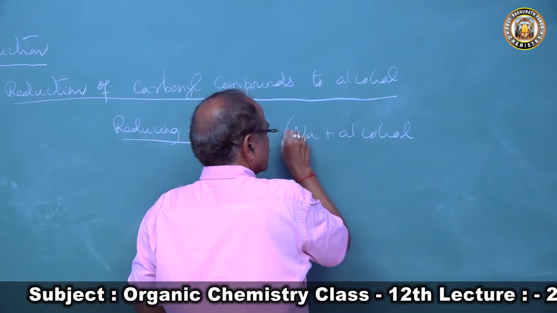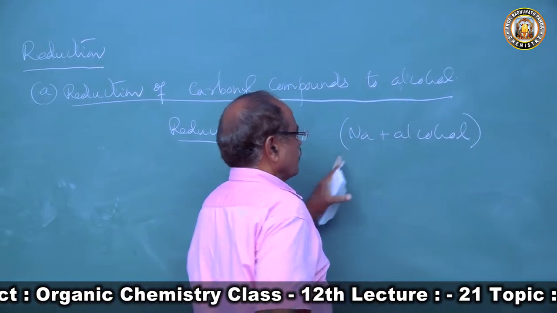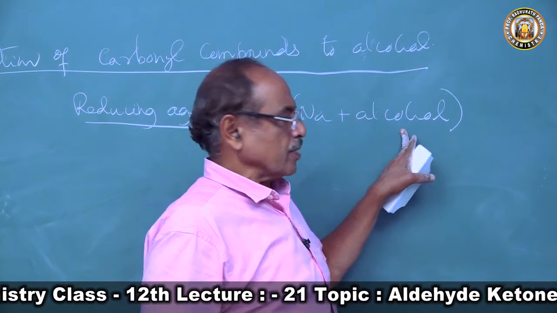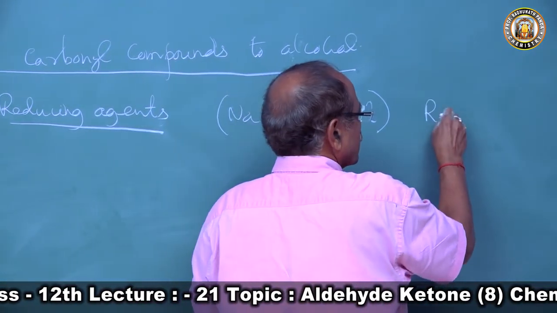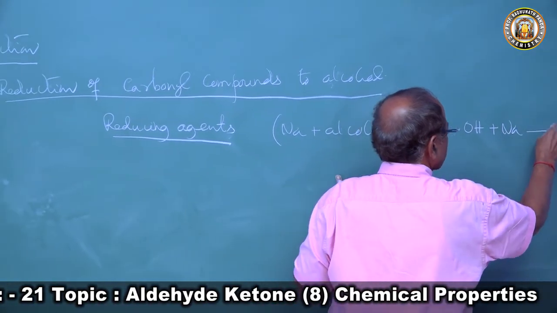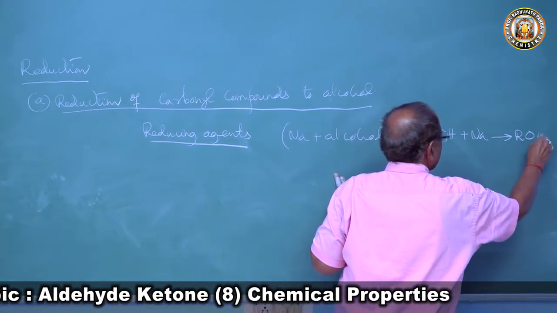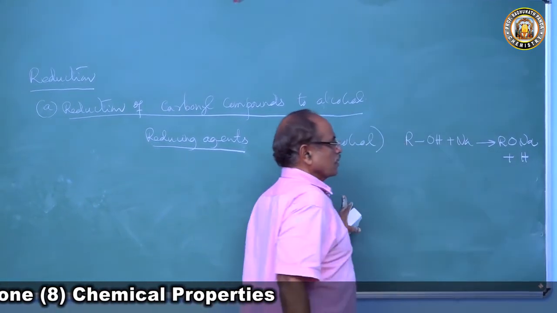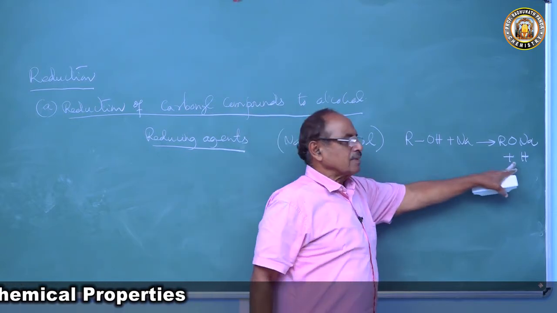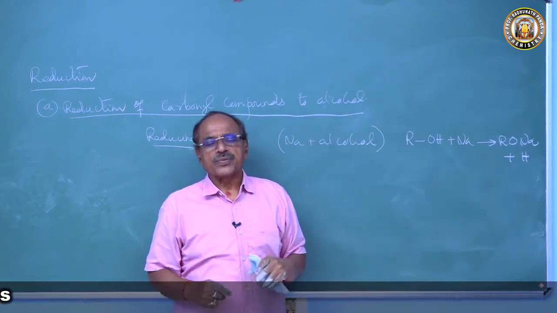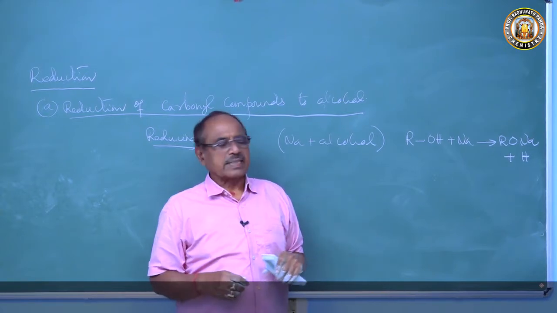We can use sodium plus alcohol. When sodium is treated with alcohol, this produces nascent hydrogen. ROH is the alcohol, we treat this with sodium, and this forms RONa, sodium alkoxide, plus hydrogen. This nascent hydrogen produced in the reaction medium can carry out the reduction.